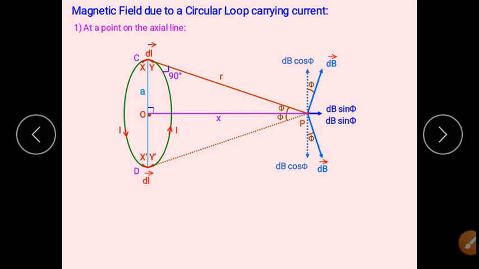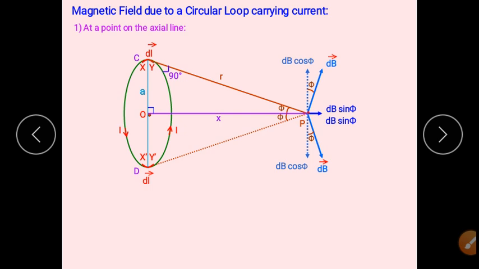Only dB sin phi remains. Therefore, if you add vector dB plus vector dB, you can write it as dB sin phi plus dB cos phi plus dB sin phi plus dB cos phi. But dB cos phi plus dB cos phi will become 0 as they have equal magnitude and opposite directions. Therefore, you will get only 2 times dB sin phi.